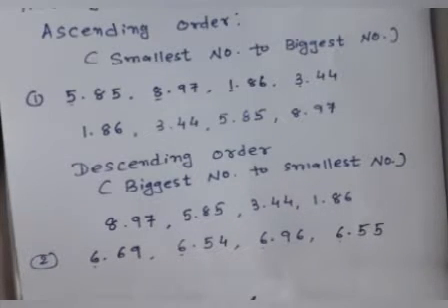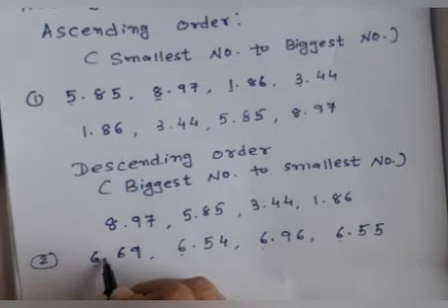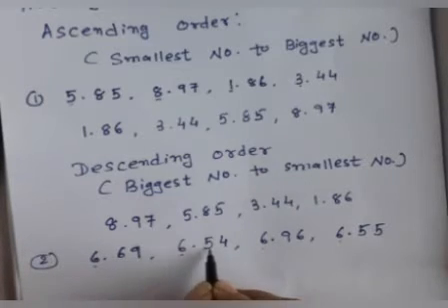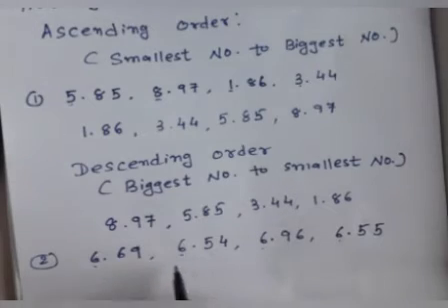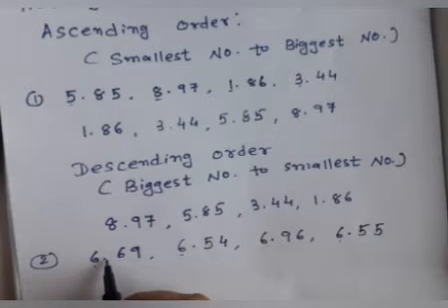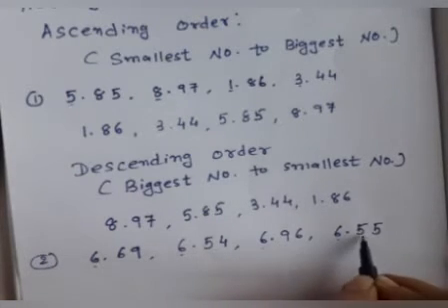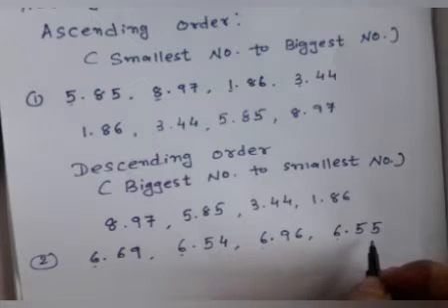Okay. So what to do? Now we will compare the tens place value, means after the decimal point, which is the first value, we will compare that number. After the decimal point, here is a 6, 5, 9 and 5. Okay.